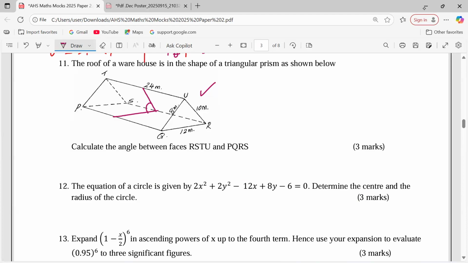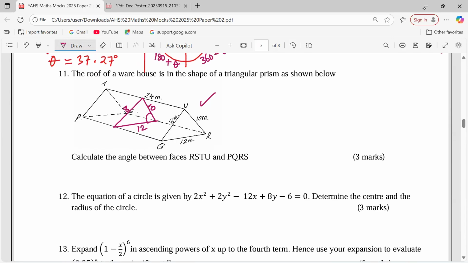Now, if that is the angle, let me even complete the triangle like that. So with that angle identified, we need to know that this is 12, then this is 10, and then this is 8. So with that understanding now, to get this angle becomes very easy.